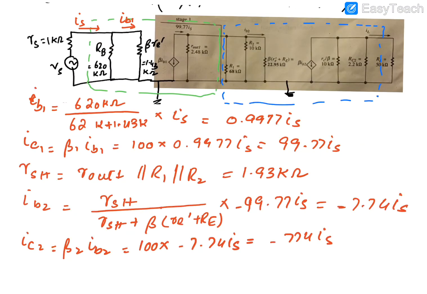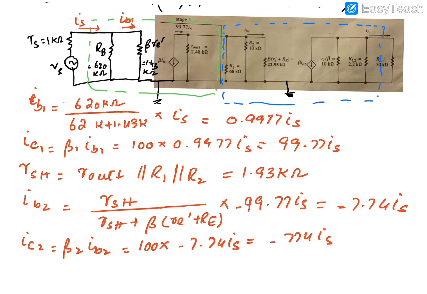So again we will consider the same AC equivalent circuit for finding the branch currents and to find the overall current gain. Starting from this side, here IB1 is basically equal to, we will use Kirchhoff's current law here, or you can use the current divider rule.